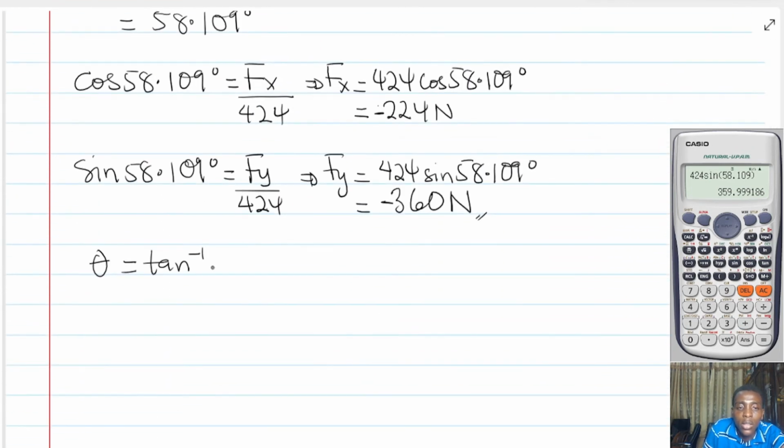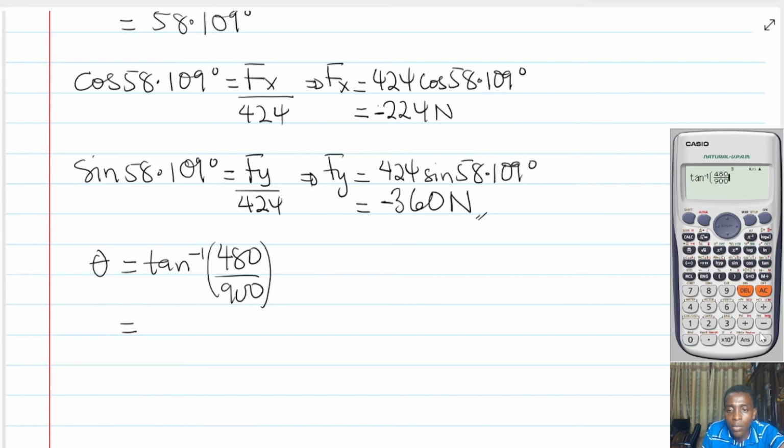So it's going to be tan inverse of 480 divided by 900.